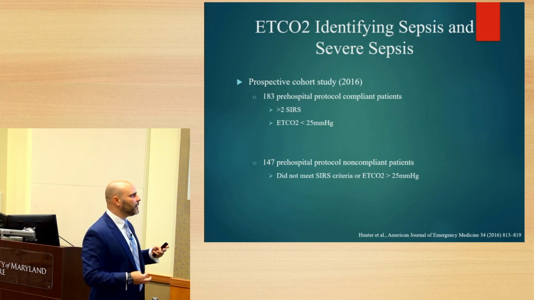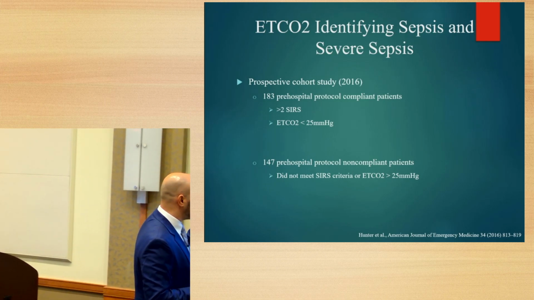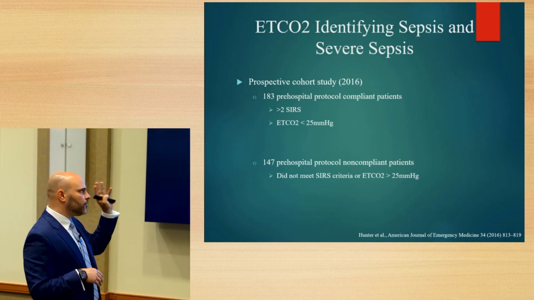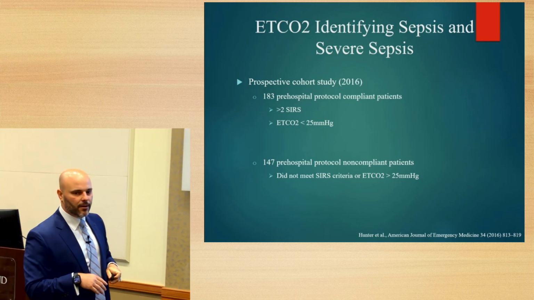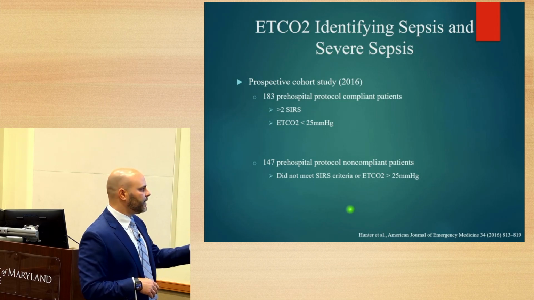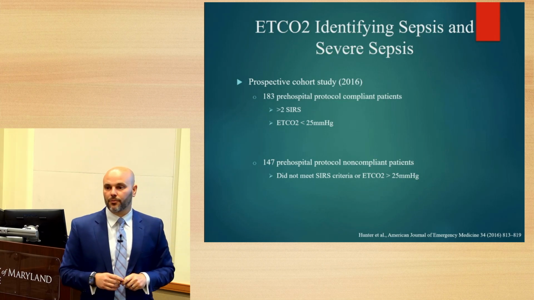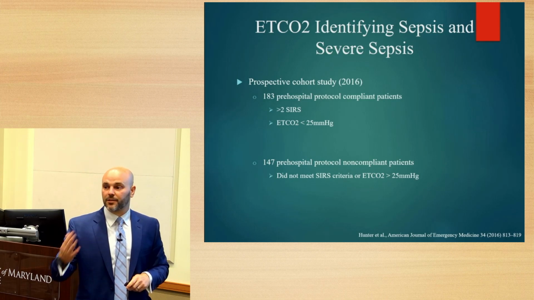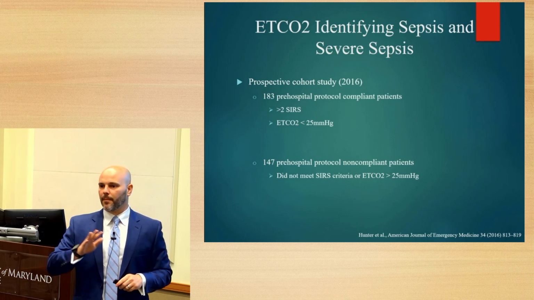In this study, they used SIRS and end tidal CO2. They created two different groups: two or more SIRS criteria and an end tidal that was low, versus they did not meet SIRS or their end tidal CO2 was elevated. So EMS picked them up and got their vital signs. If they suspected an infection and were SIRS positive, they took their end tidal CO2 and measured it.